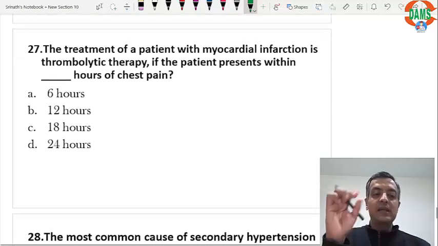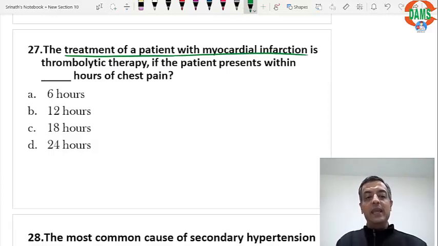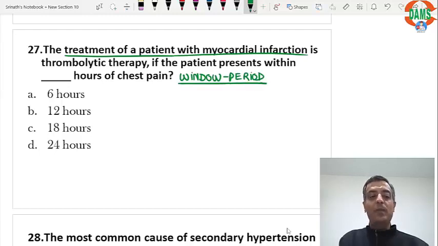Question 27, direct answer. The treatment of a patient with myocardial infarction is thrombolytic therapy when they present within the window period of 12 hours. So we are asking the window period in MI is 12 hours. Know the window period.